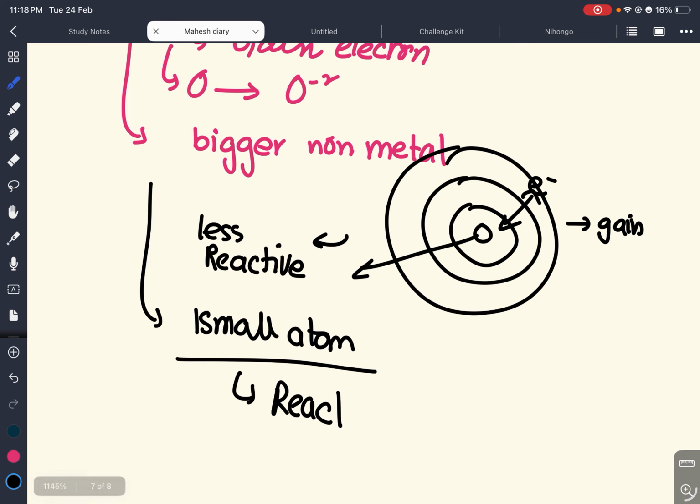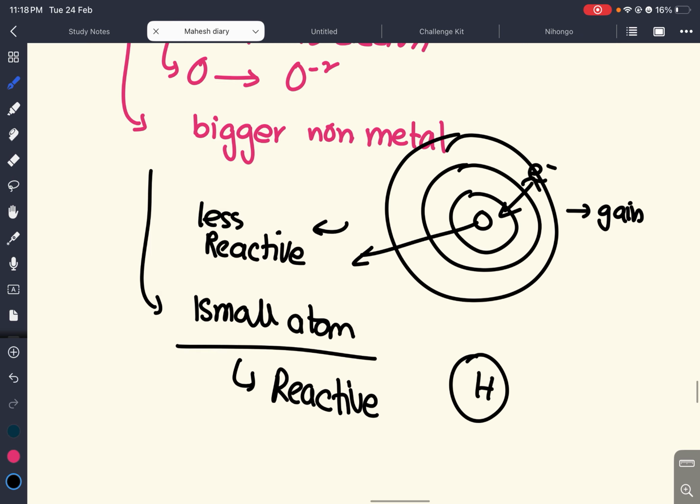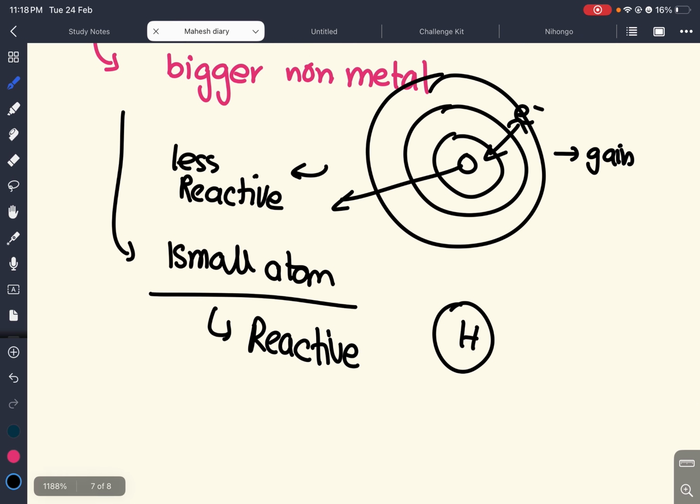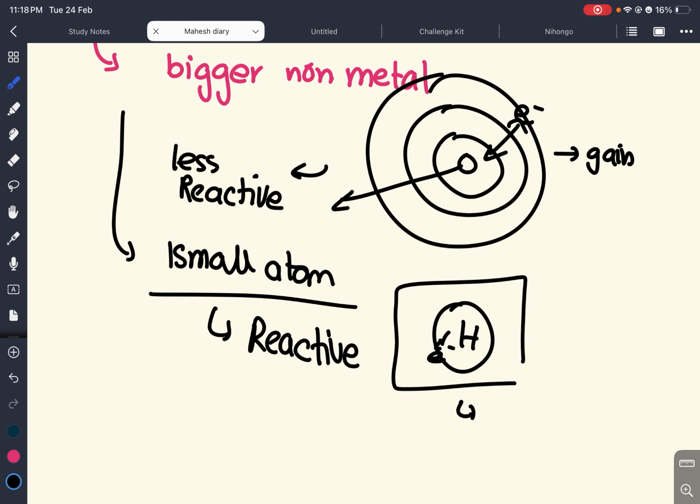For example, let's talk about hydrogen. Hydrogen is neutral, it comes in metals as well as non-metals, but let's take it as a non-metal right now. It has one electron and it is very near to the nucleus, so it's very easy to gain and make a bond. That's why it's more reactive.